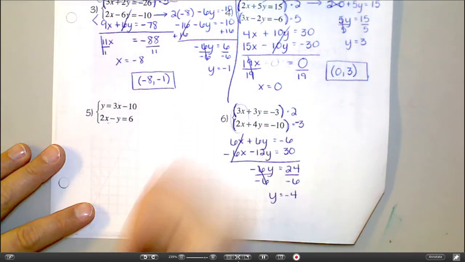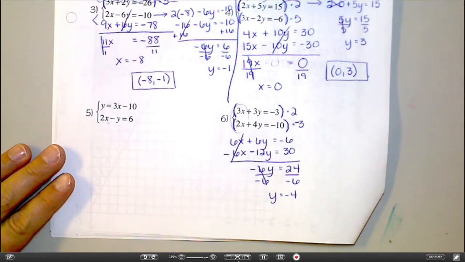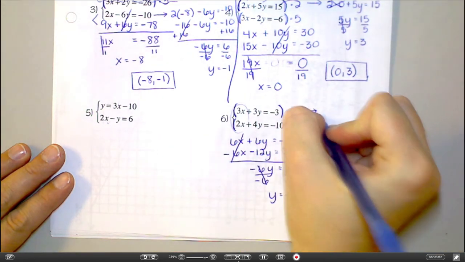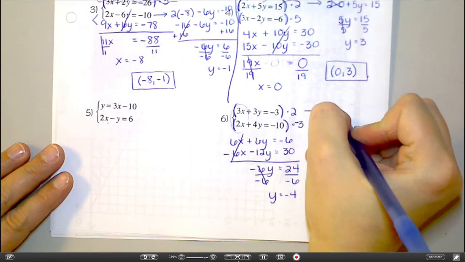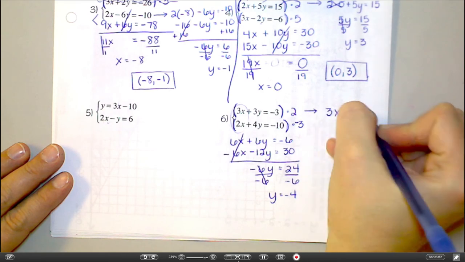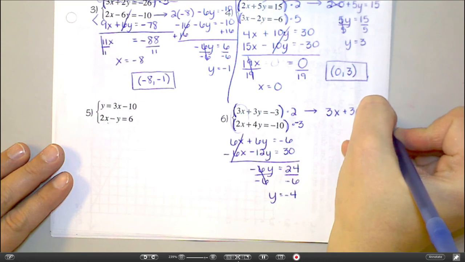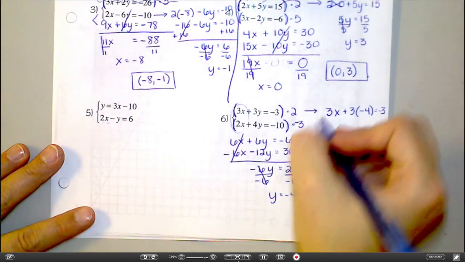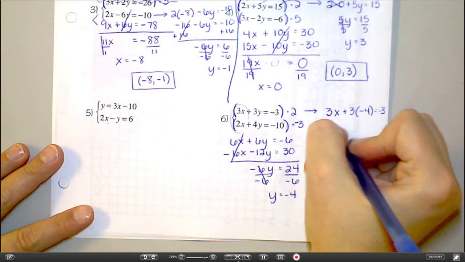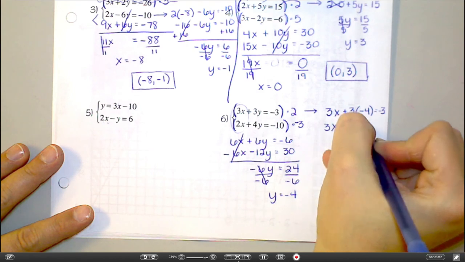Let's plug that negative 4 back in. Do you have a preference? Top or bottom? Top. Okay. So 3x plus 3 times negative 4 equals negative 3. That's really 3x minus 12 equals negative 3.